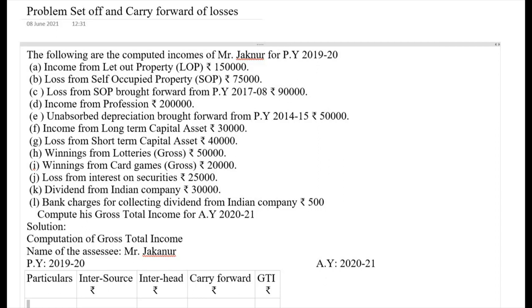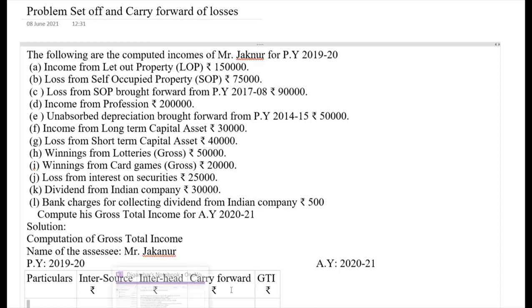Then loss from interest on securities. So still there is an income from profession of rupees 1,35,000, against which we can adjust this loss from interest on securities of rupees 25,000. So there will be income from profession of rupees 1,10,000. This dividend from Indian company is totally exempt from tax. Then the bank charges for collecting dividend from Indian company, as they are incurred against the exempted income, should not be considered here.